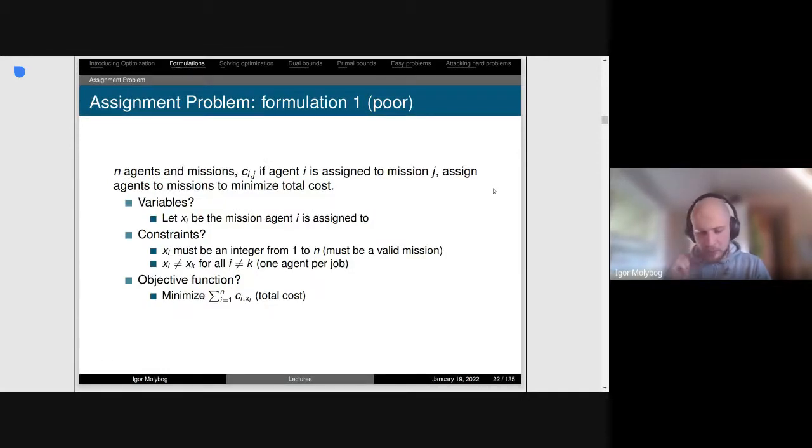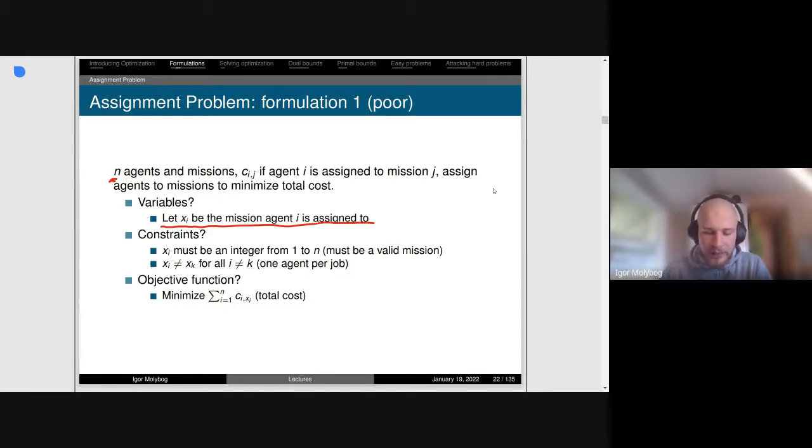So we have n agents and n missions. Cij is the cost if agent i is assigned to mission j. So what are the variables in this case? Let's add the interpretation. Let's introduce the variables xi for i from 1 to n.